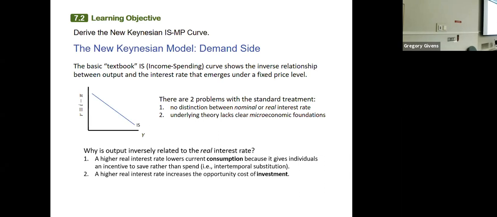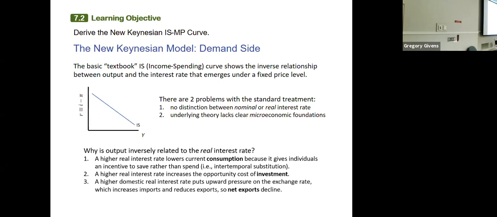The other is that a lower real interest rate will encourage investment because it lowers the opportunity cost of investment, or in some cases, it lowers the direct cost of borrowing for investment purposes. And a lower real interest rate should also increase our country's net exports, because it makes the value of the dollar relative to other currencies go down. As foreign interest rates are now higher than domestic interest rates, the demand for foreign currency will go up relative to the demand for domestic currency.